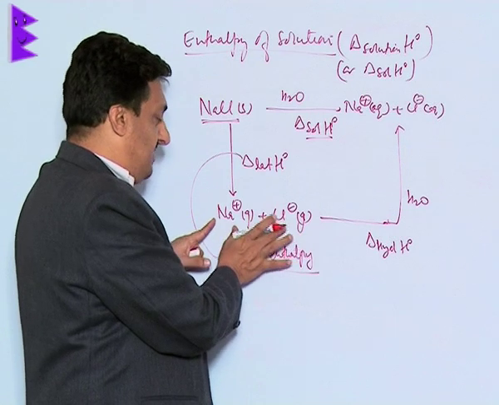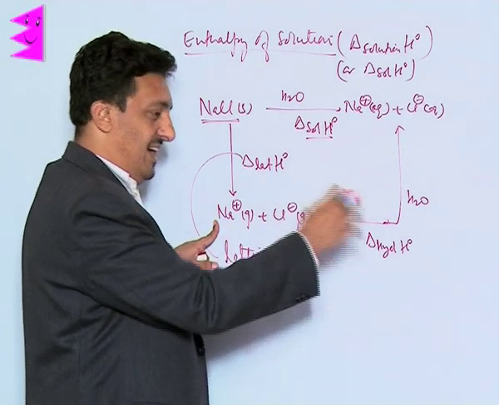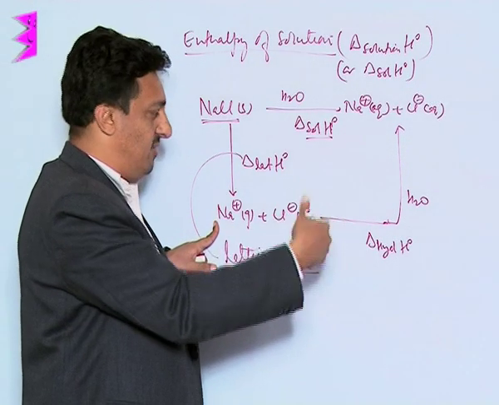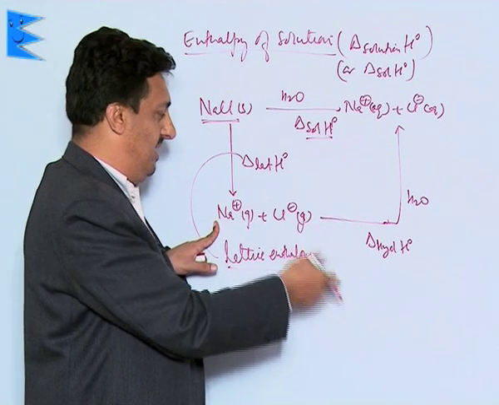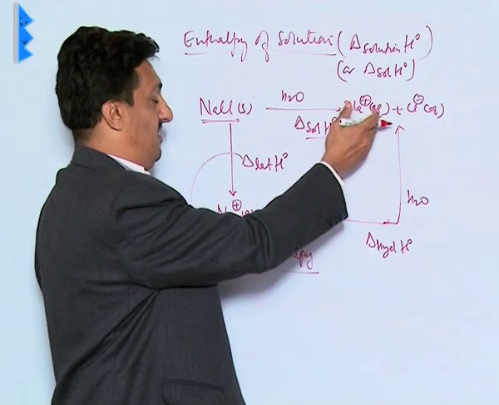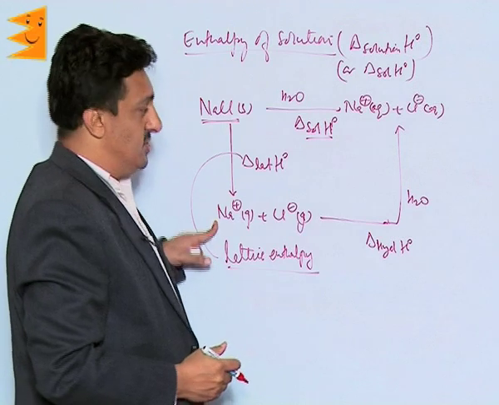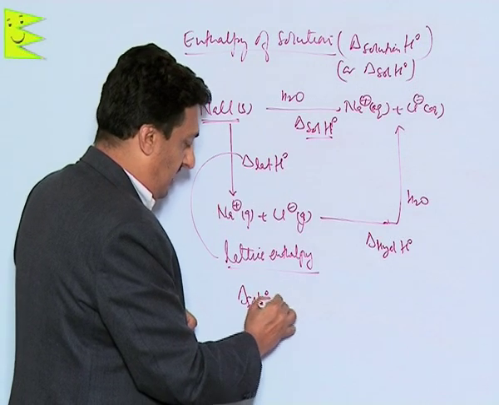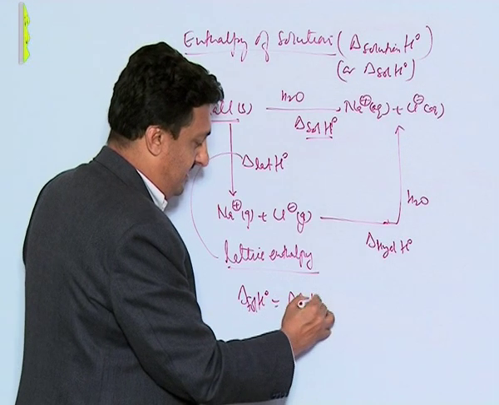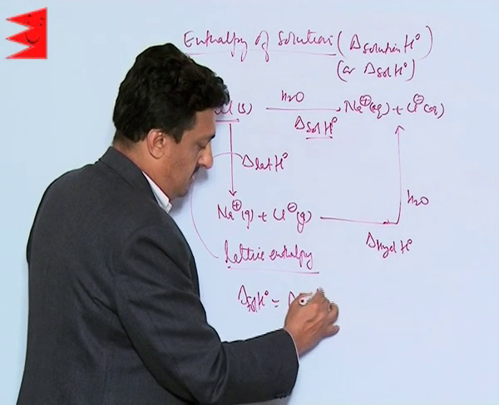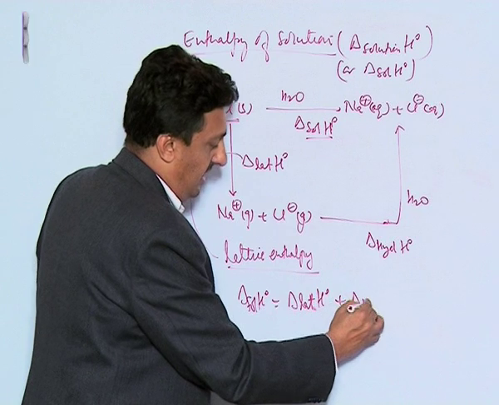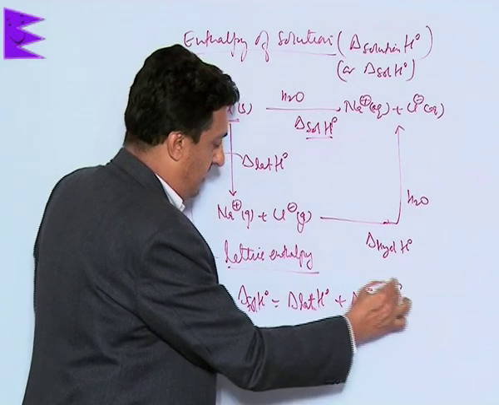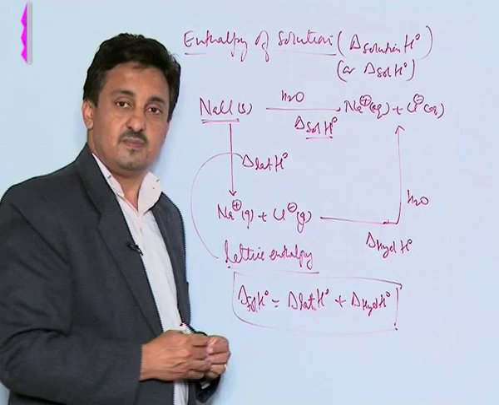It means that when these ions are added to water, they get hydrated or solvated by the solvent molecules so that they become stable, and then we reach the situation of aqueous medium. So the enthalpy of solution, remember, is always the sum of lattice enthalpy and the hydration enthalpy of that particular salt.